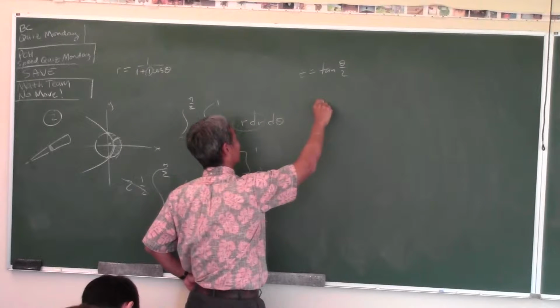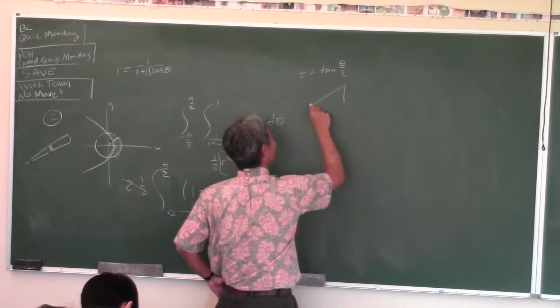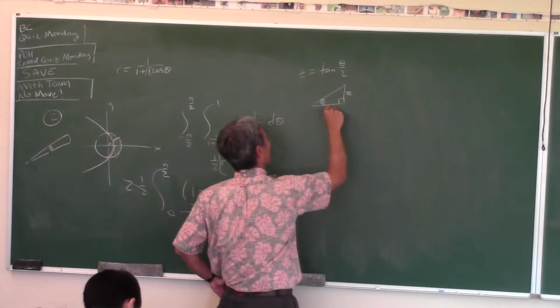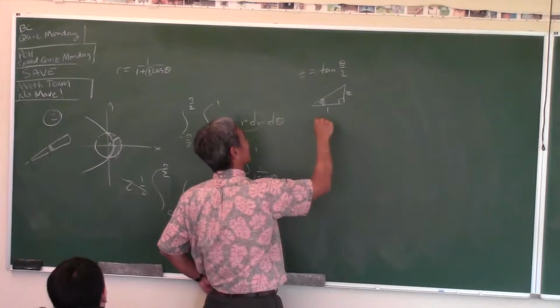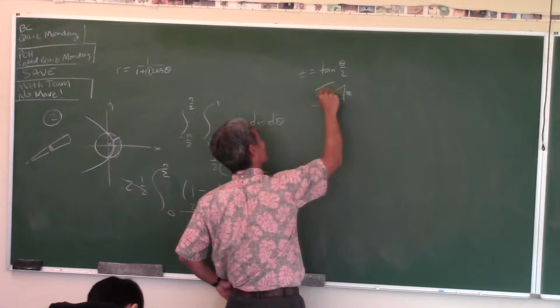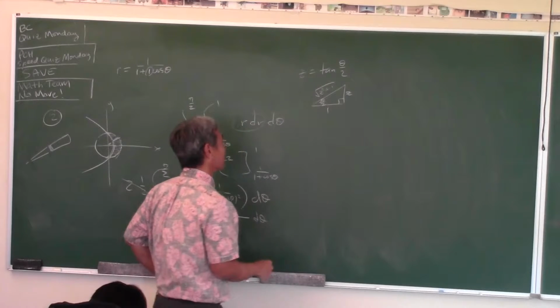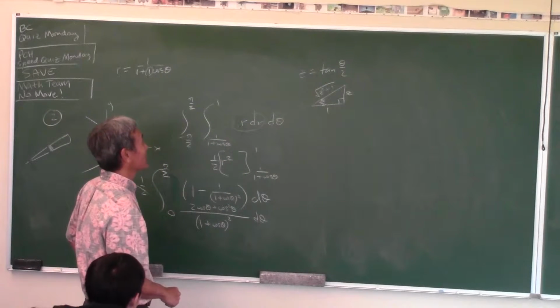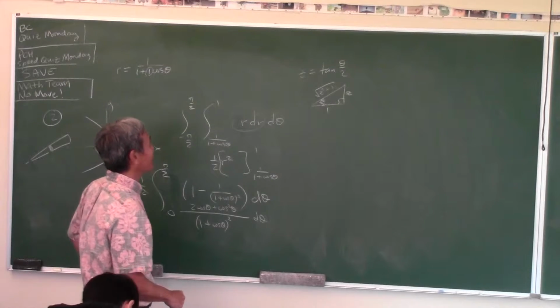Tangent theta over 2 is z over 1, right? So that's the square root of z squared plus 1. I don't think I did that yesterday. What did I do yesterday? I think I took tan inverse of both sides.